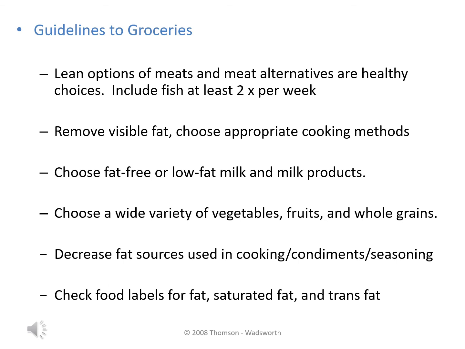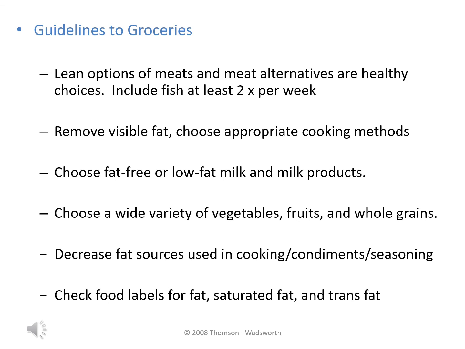General guidelines to help reduce fat, or more specifically saturated fat, include selecting lean options of meats. Back in earlier chapters, we noted the cuts of meat such as round or loin being healthier choices. Also, meats that are labeled as select or choice are going to be better selections than those that are labeled as being prime.